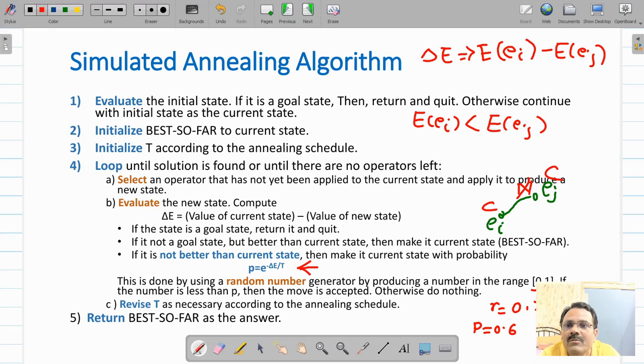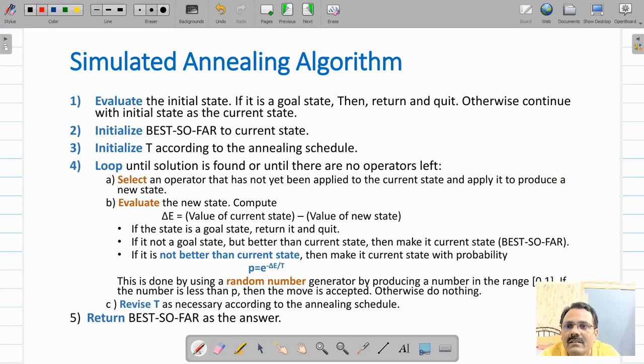Had it been a number like this: suppose the calculated probability is 0.6, and the random number generator has generated 0.3. So this generated number r is less than p, so therefore the move is accepted. You accept the move.